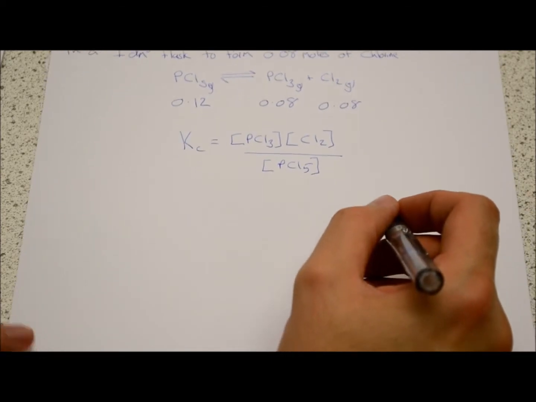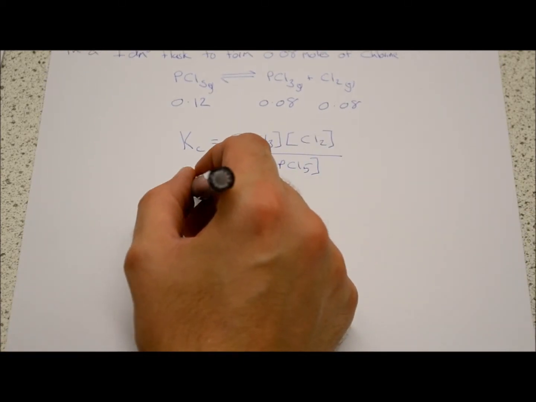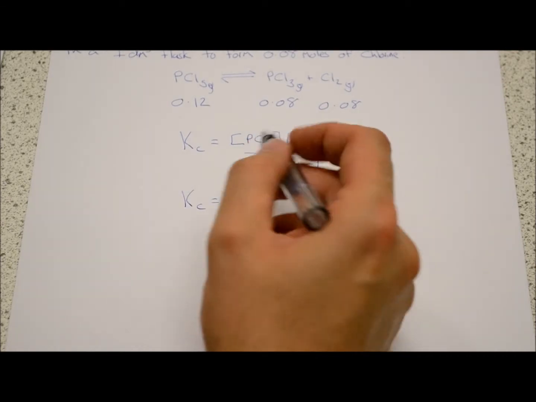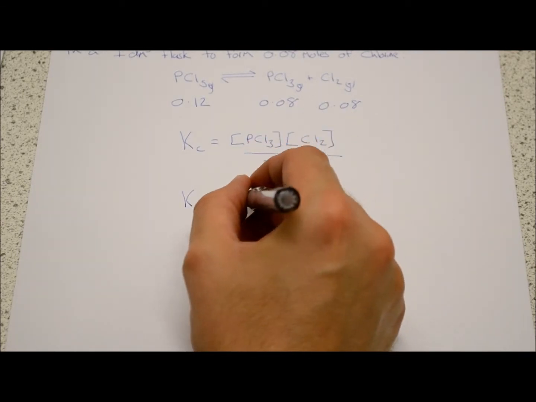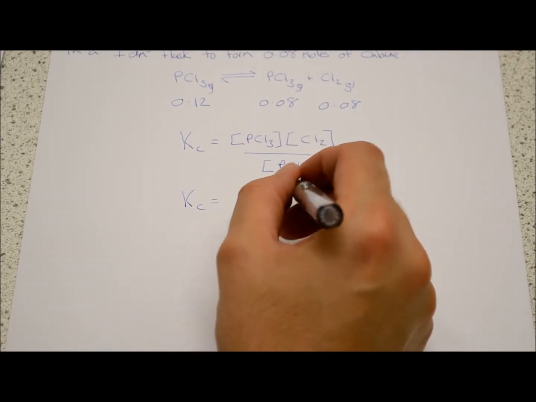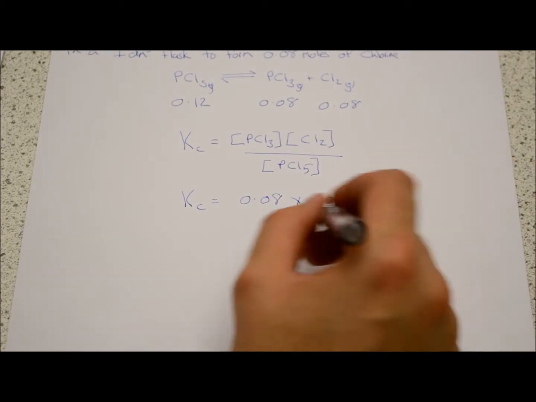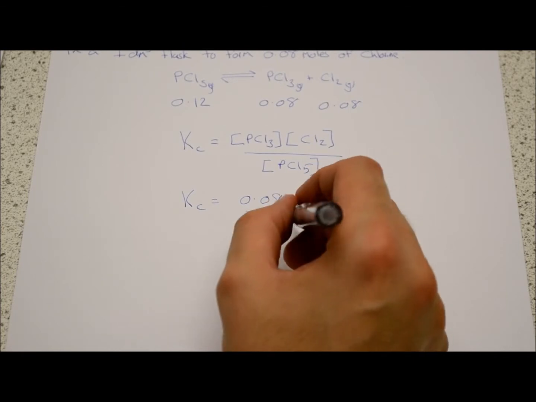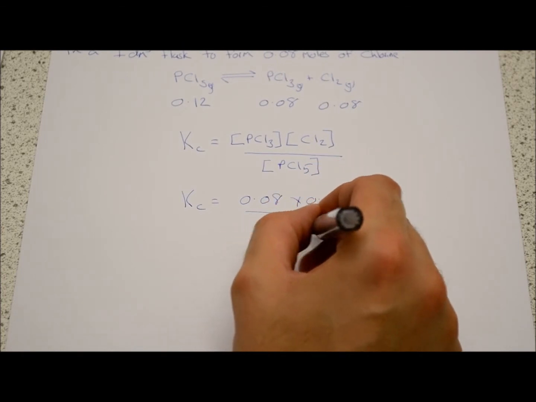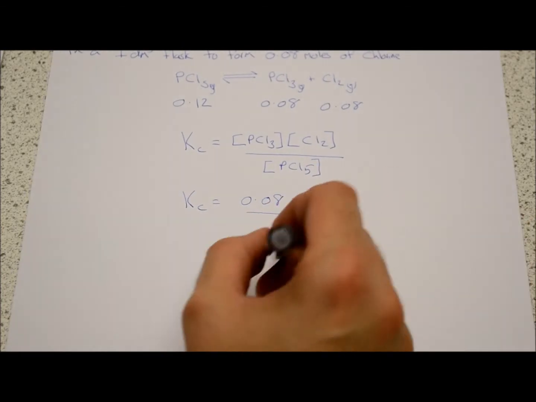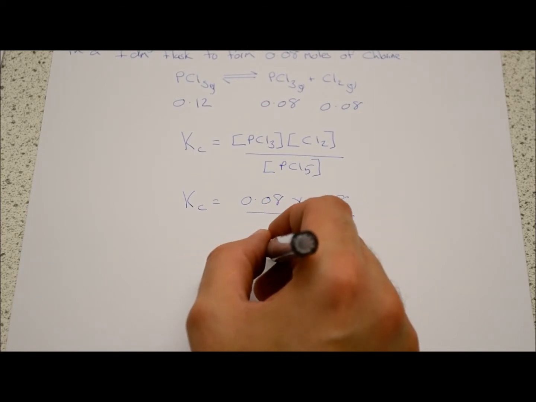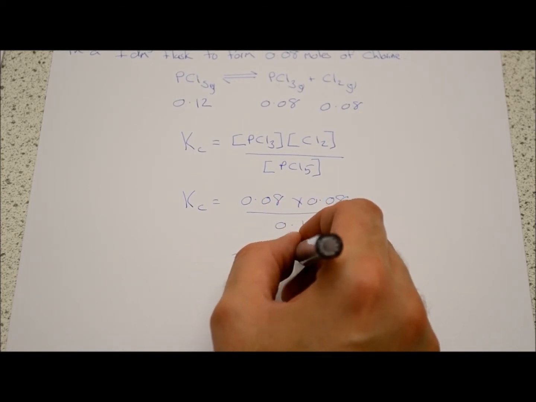So if we substitute those now for numbers, Kc is equal to 0.08 multiplied by 0.08 divided by 0.12. And if we calculate that, it equals 0.05.